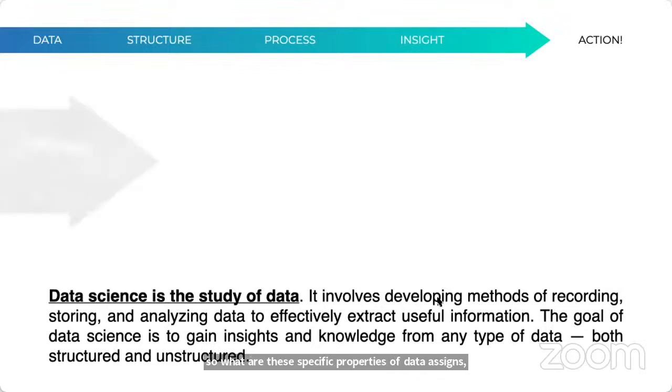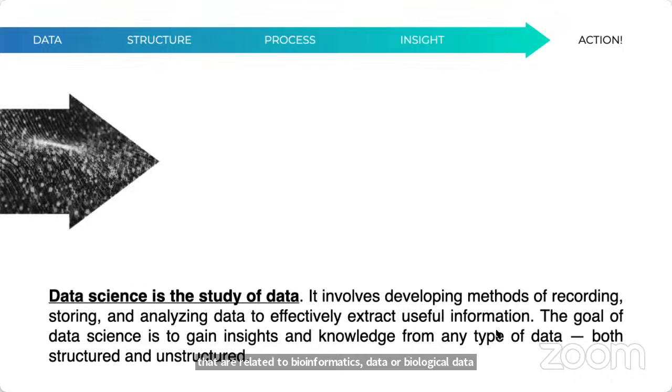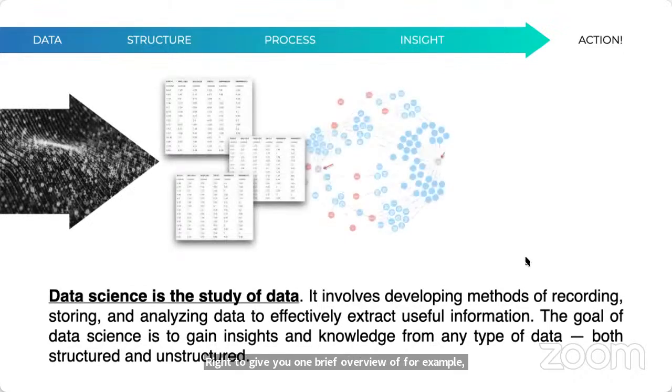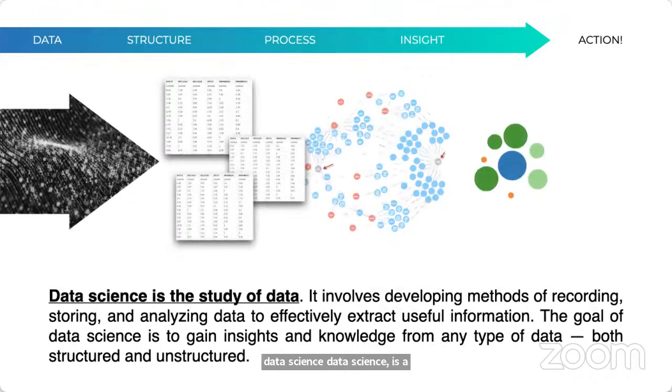To give you a brief overview, data science is a scientific field that involves developing methods of recording, storing, and analyzing data to effectively extract useful information. The ultimate goal of data science is to gain knowledgeable insights from any type of data, both structured and unstructured, or sometimes semi-structured.